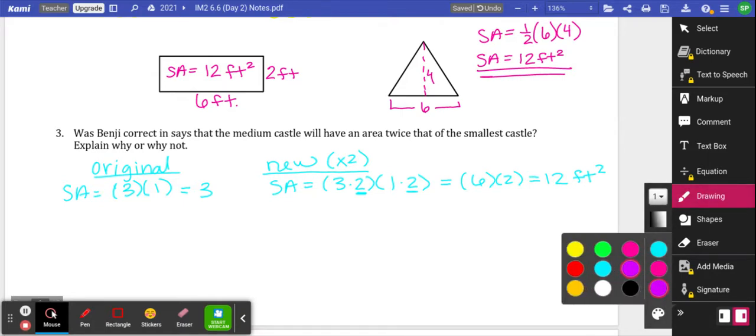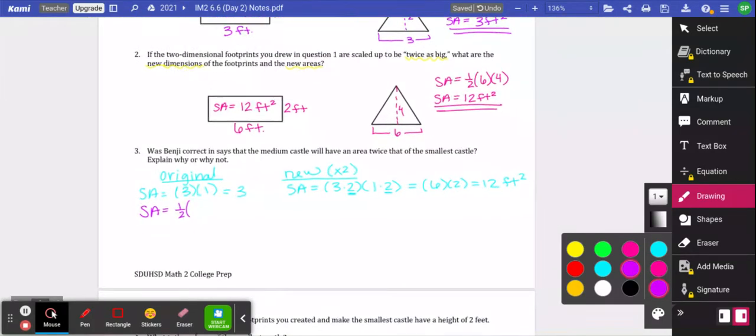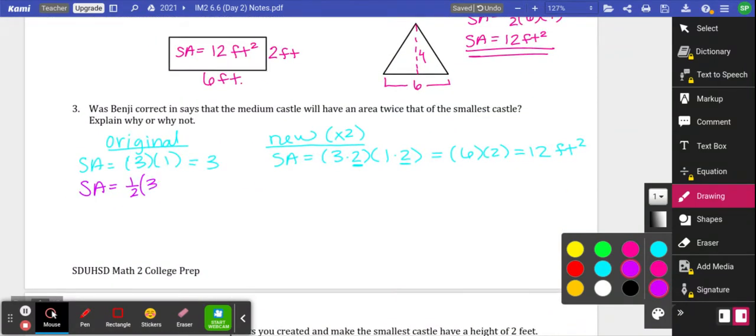So if we look at the triangle, once again we have our surface area of 1/2 times our original base, which was 3, and our height was 2, right? So base of 3 times 2 is 6, times 1/2 would be 3 feet squared. Forgot to put those units up there. And our new surface area is going to be 1/2 times 3 times 2 times 2 times 2, because we took the base and multiplied by 2, and we took the height and multiplied by 2.